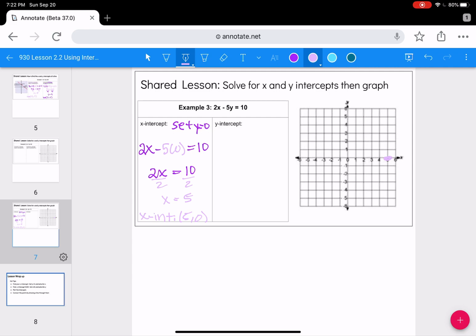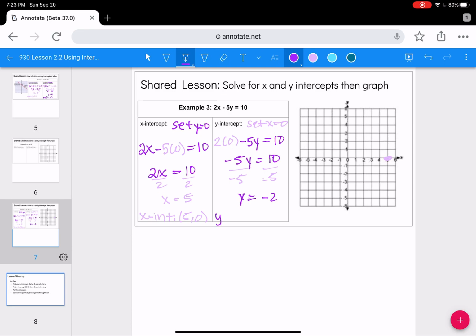Now for my y-intercept, I'm going to set x equal to 0. So again, my x value is now going to plug in as 0. So 2 times 0 minus 5y is equal to 10. 2 times 0 is 0, so I'm left with negative 5y is equal to 10. Then we divide by negative 5, and we get y is equal to 10 divided by negative 5 is negative 2.